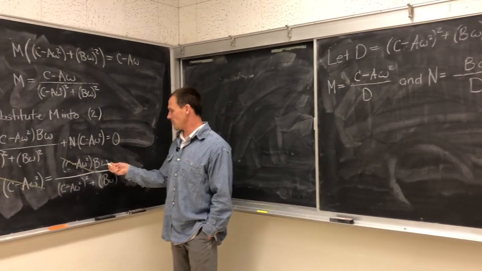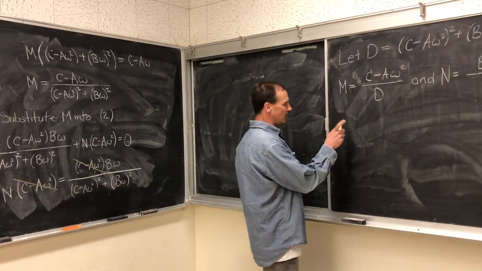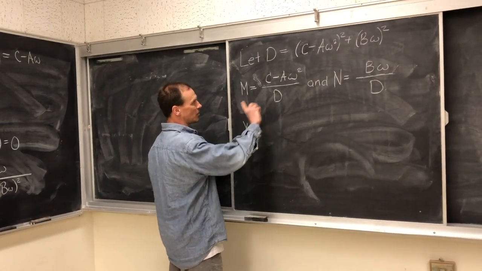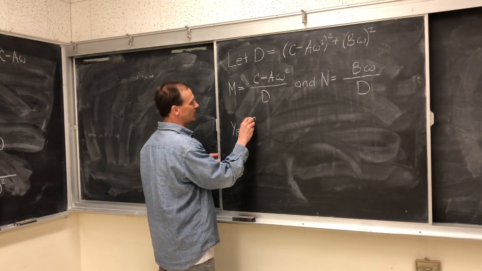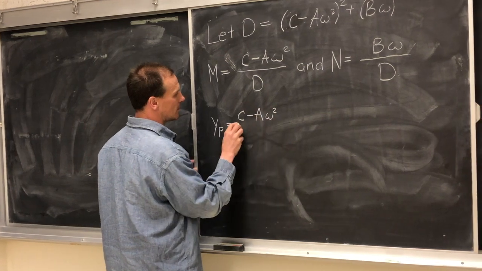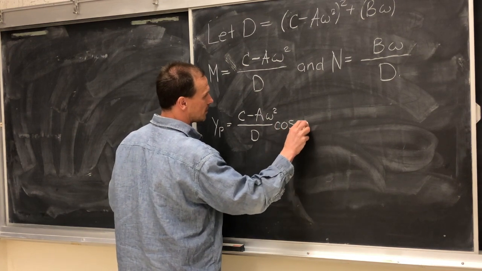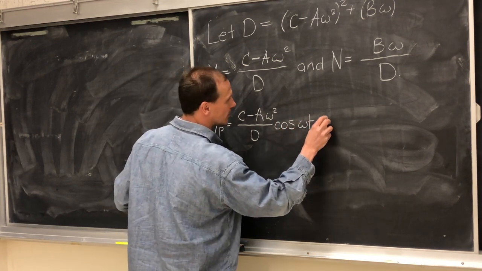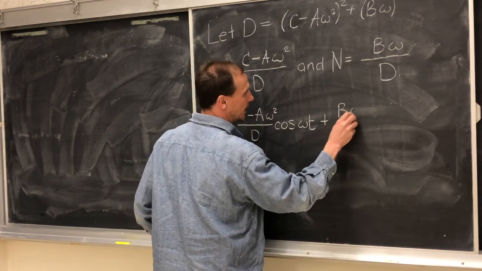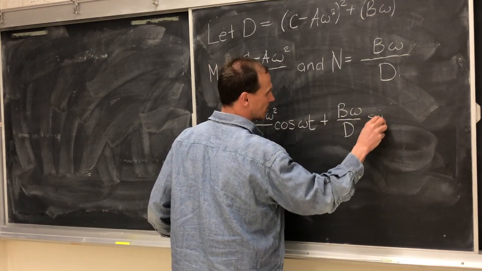We do. There's my B omega over D. Okay, we've got that. Now, if I write this, y particular, and I'm just going to write this out one more time, equals (C minus A omega squared) over D cosine of omega t plus, then N, this is B omega over D sine omega t.